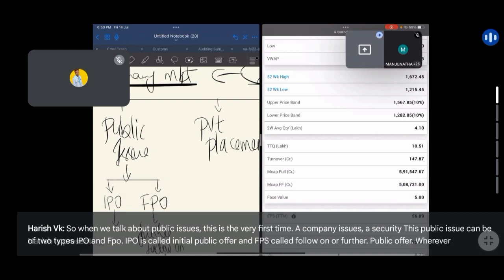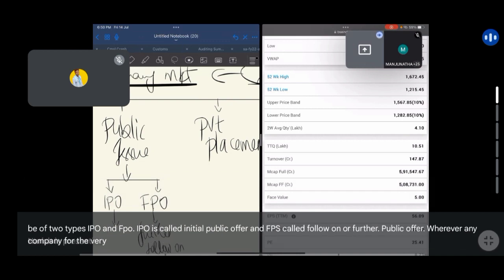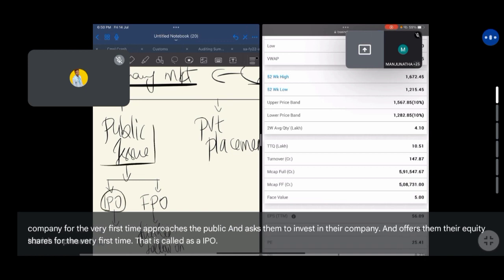Wherever any company for the very first time approaches the public and asks them to invest in their company and offers them their equity shares for the very first time, that is called an IPO. So you're approaching everybody. Anybody can invest in this company, right?